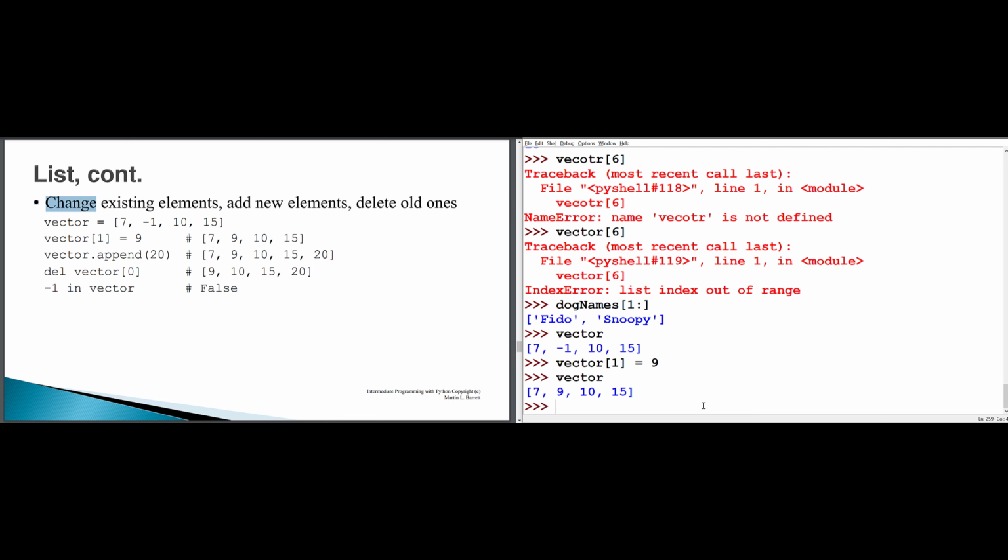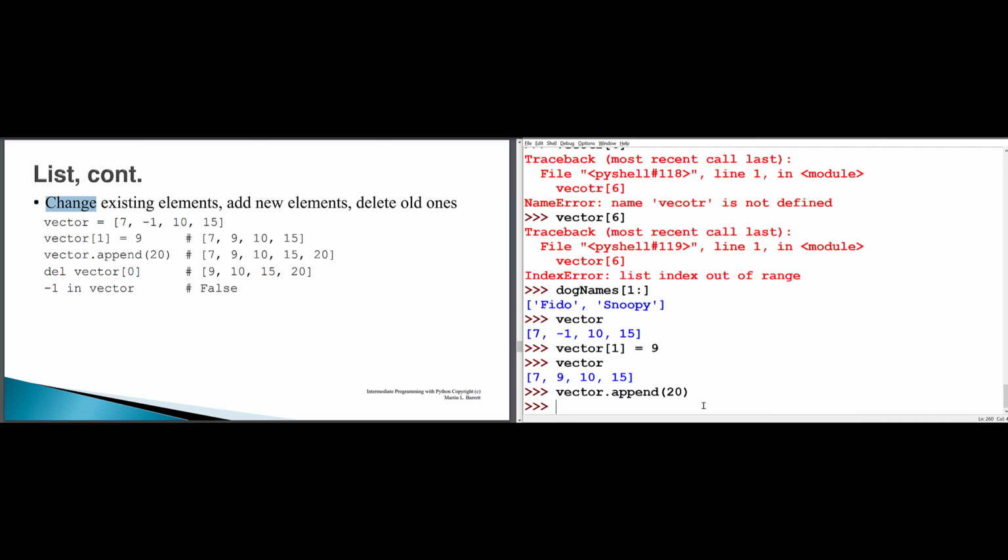The list data type, it turns out, has 11 named functions that you can apply, like append, insert, index, sort, reverse, and several others. So if I say vector dot append 20, that means to put the 20 at the end of the vector.